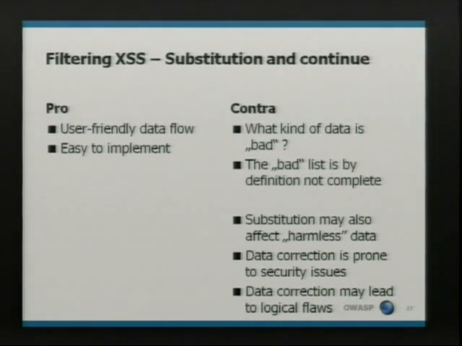And we also know in general that data correction is prone to security issues as well. So just be aware of it. And there are also some other possibilities, which I'm discussing later, of how browsers handle specific characters, like null bytes, etc.